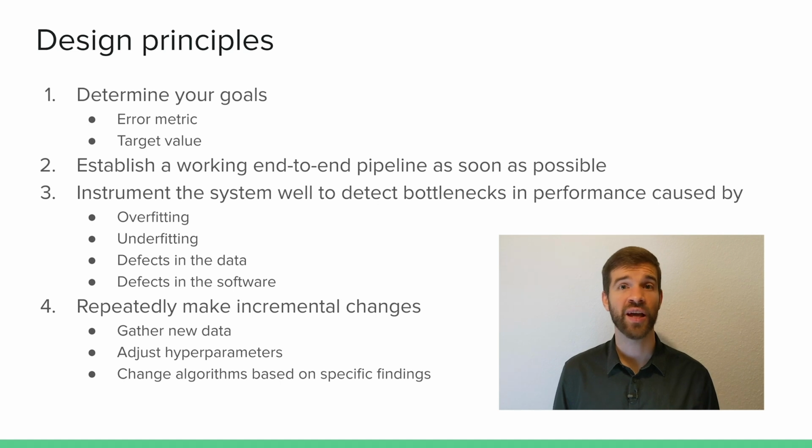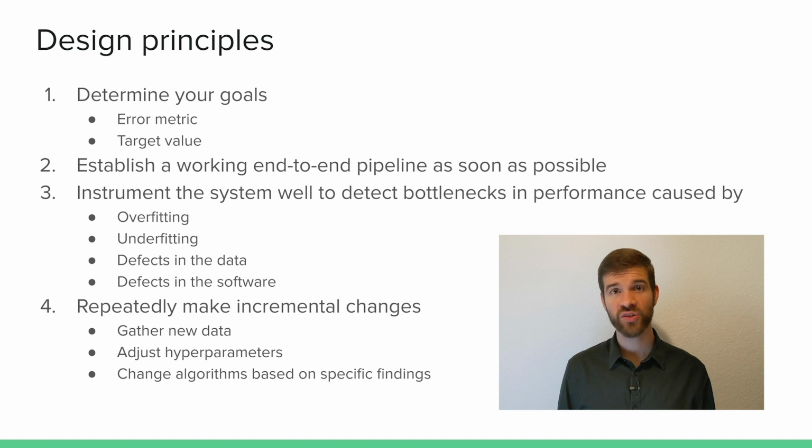And of course, there can be defects in the data itself that you're training on, some noise, some incorrectly classified samples, or defects in the software. Your data loader is loading the wrong images. It's loading it from the wrong directory. It's loading always the same image instead of from different directories. So all of these defects, you should be able to spot and debug as soon as possible.